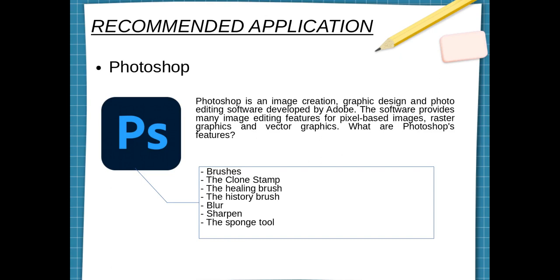Sharpen does the opposite of blur, making pixels more distinct. This can be useful for making an image appear clearer or creating a more dynamic effect. The sponge tool can either absorb or release color from an image. This is useful for correcting colors that are too light or too dark.